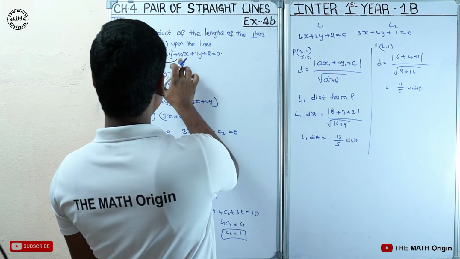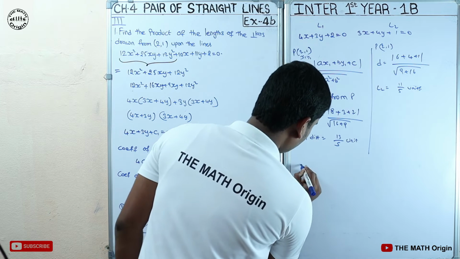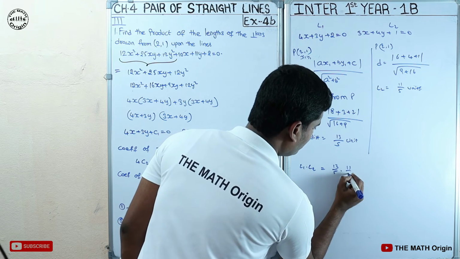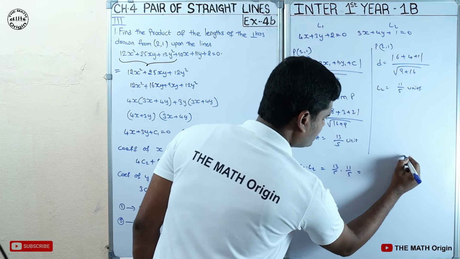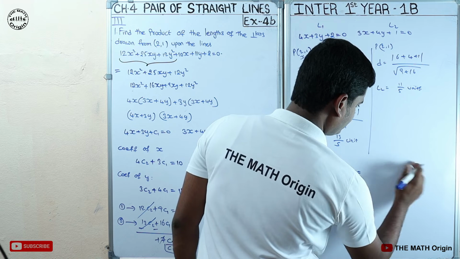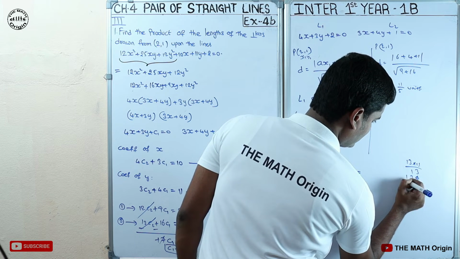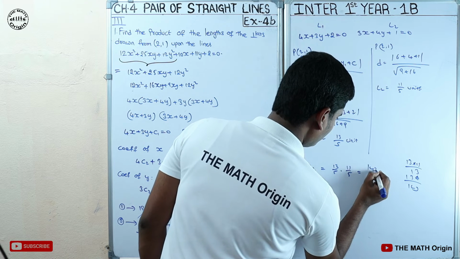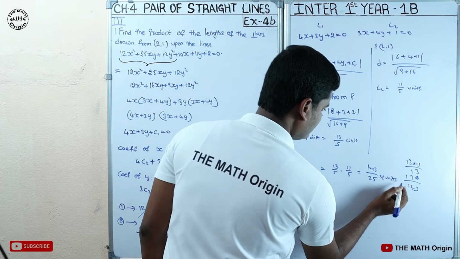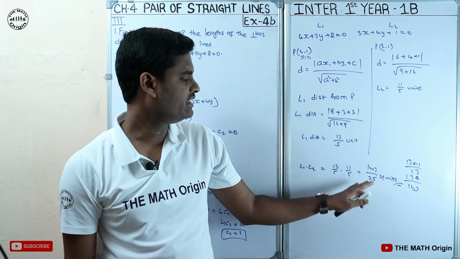And they asked for the product of the lengths of the perpendiculars, so we need to find L1 into L2, which equals 13 by 5 into 11 by 5, which equals 143 by 25 square units, the product of the distances of the perpendiculars from these two lines.